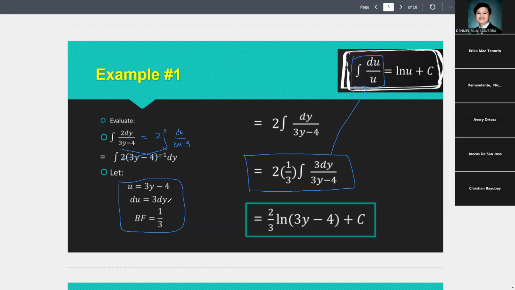The integral of du, which is 3 dy, over u, which is 3y minus 4, is equal to ln of u plus c. Don't forget our balancing factor and the constant. So 2 times 1/3 is 2/3, and then ln of our u, which is 3y minus 4, plus c.